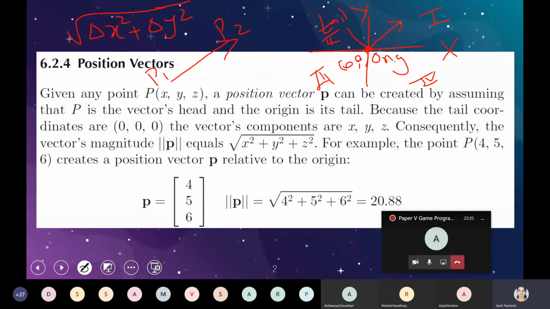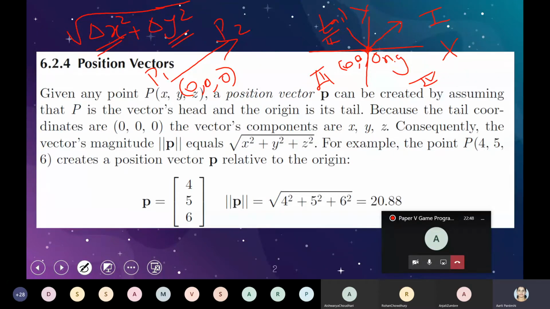Now we are going to see something regarding position vector. When you say position vector, the P1 point is always 0, 0, 0 because the tail is fixed to 0. So it is very simple. Why is it simple? Because normally you take the difference between x and y, and here no difference is needed.